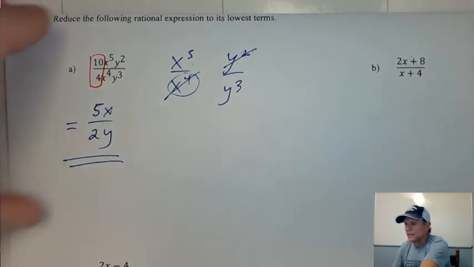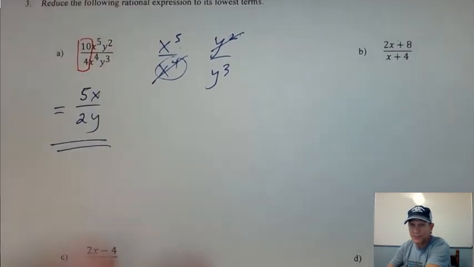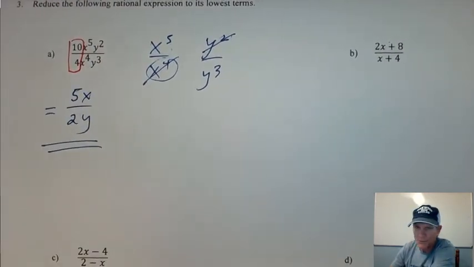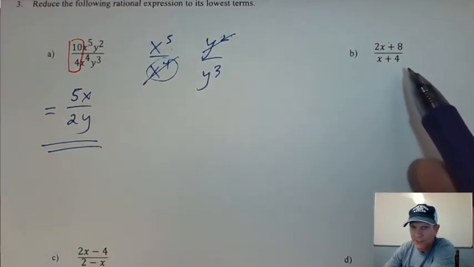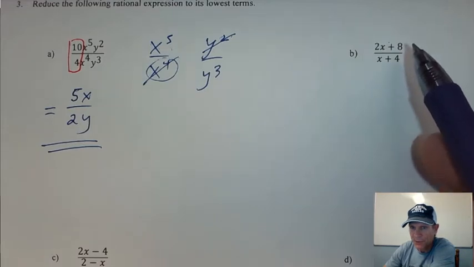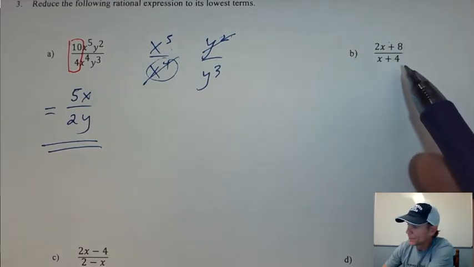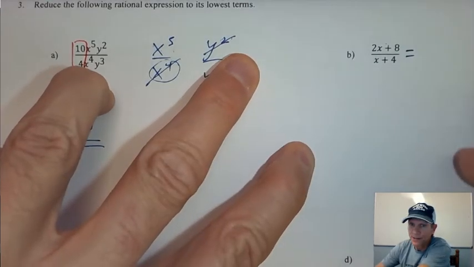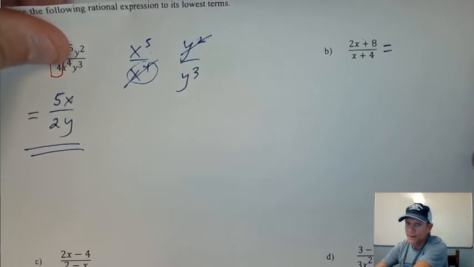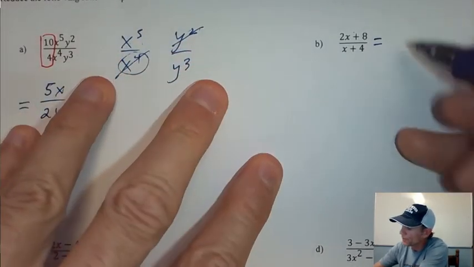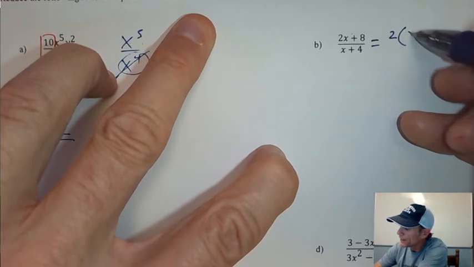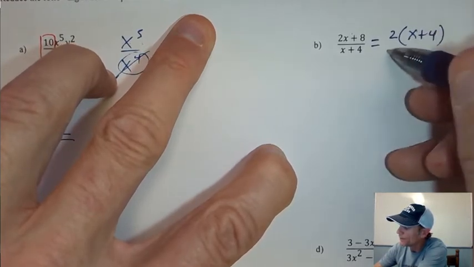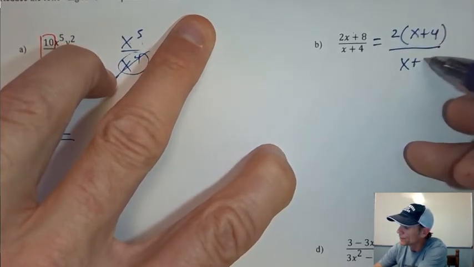Now looking at B, we get to the idea that I was reviewing with you on the other paper: these are not ready to be canceled yet. I have to factor both the numerator and the denominator. So I'm going to factor it right next to it here. On the top I can pull out a 2. If I pull out a 2, I have 2 times x plus 4 on top and x plus 4 on the bottom.